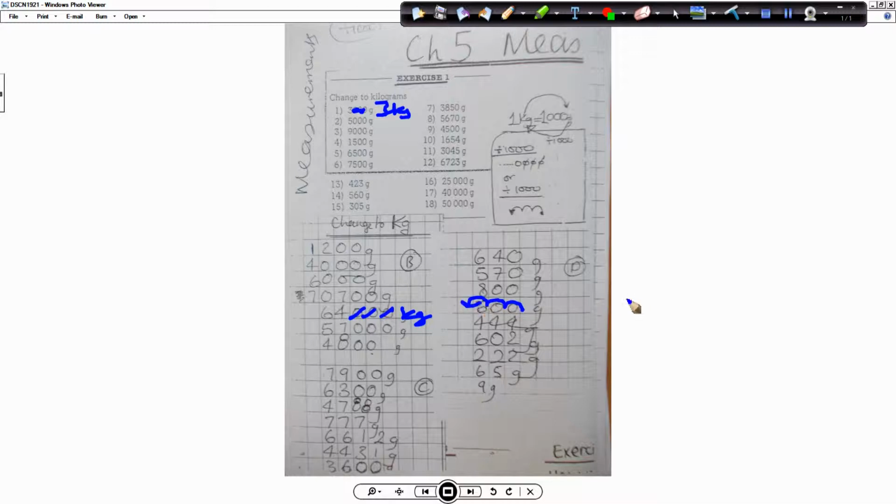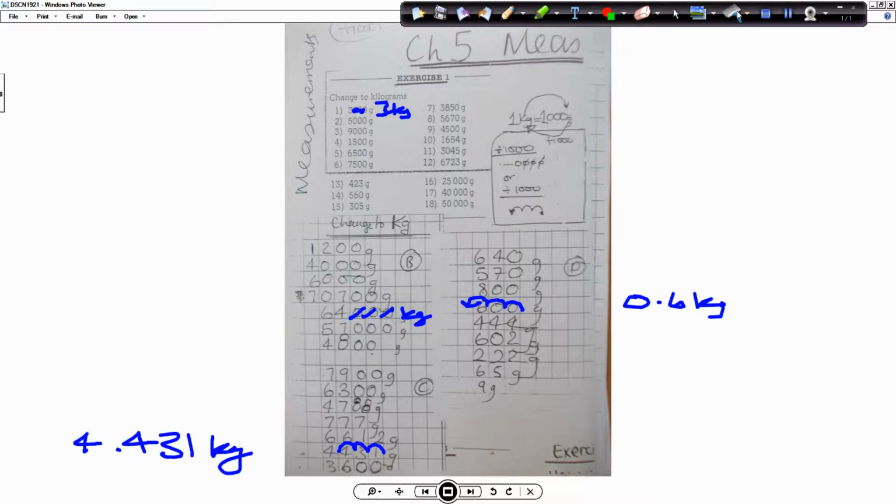And the final answer is 0.6 kilograms. Okay, are we looking, Khadija? You're supposed to be looking. 4431 divided by 1,000. 1, 2, 3. Final answer is 4.431 kilograms. Job's done. This is the same as what we've just been doing.